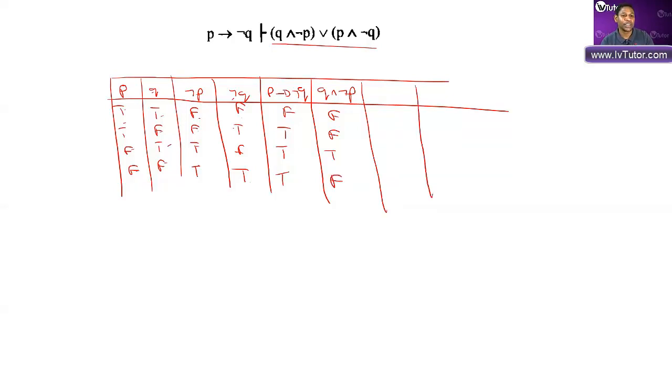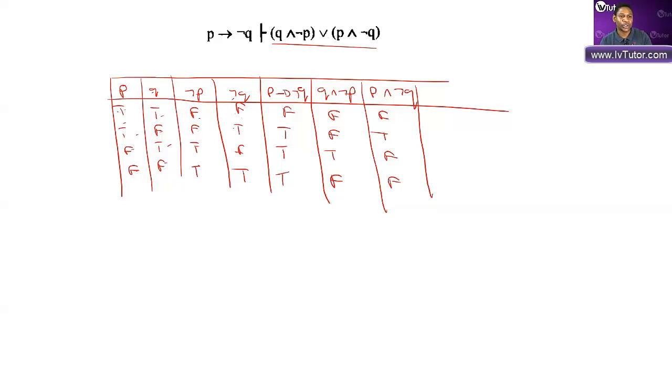Then over here, we have P and not Q. True and false is false, true and true is true, false and true is false, false and anything is false.